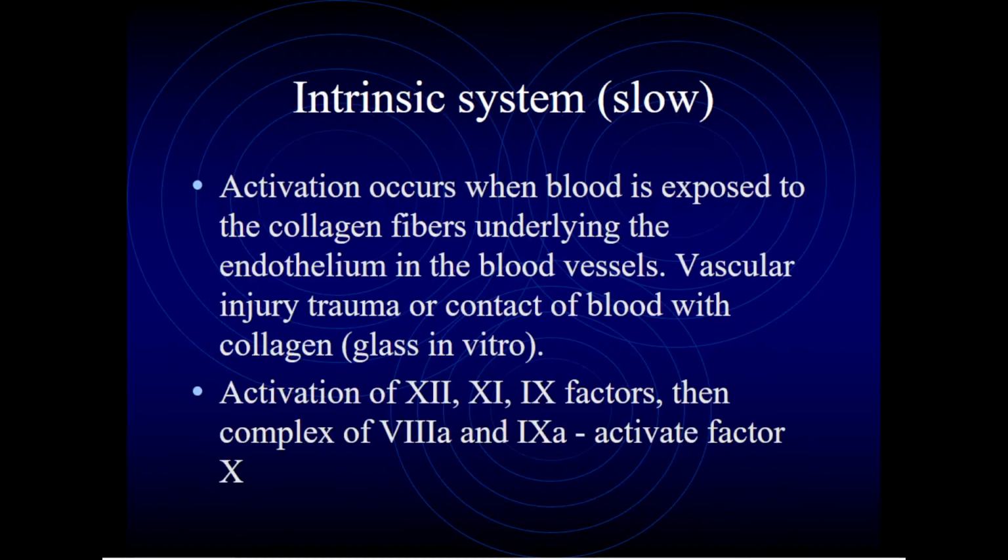The activation of the intrinsic pathway or mechanism in vitro occurs when blood contacts glass, in vivo when blood is exposed to the collagen fibers underlying the endothelium in the blood vessels. The time of activation of this mechanism fluctuates from 5 to 7 to 10 minutes.